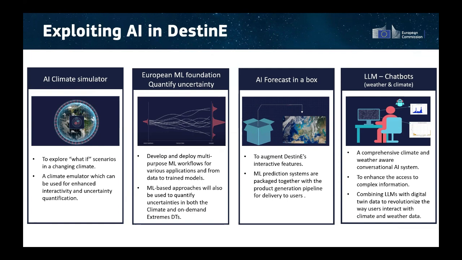AI forecast in a box, which is developed and is now also taken up by the World Meteorological Organization and various Met offices. Basically, you can develop your local AI model, transfer it to another region, and run it on a single computer, without needing a supercomputer as before.